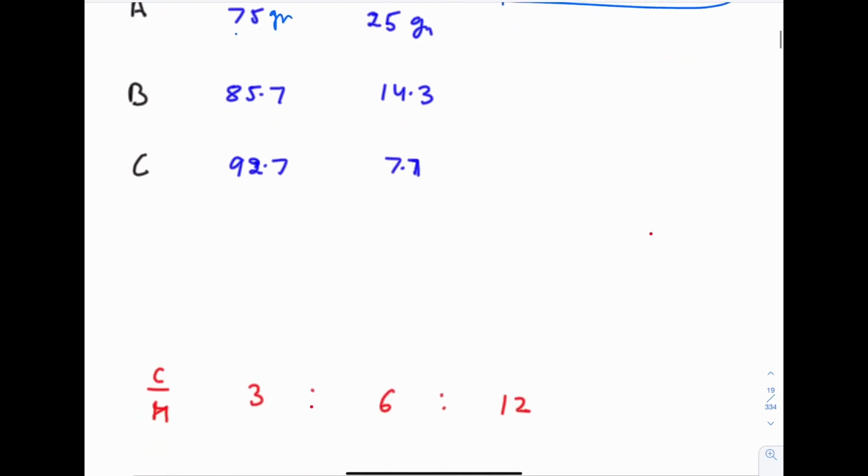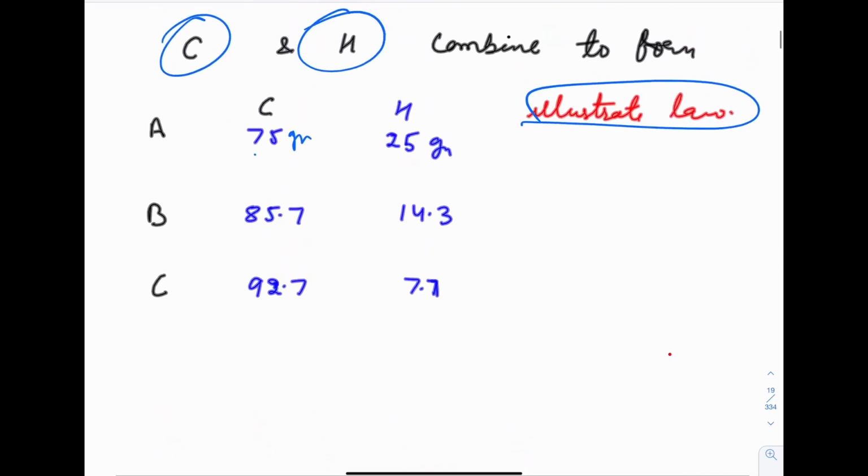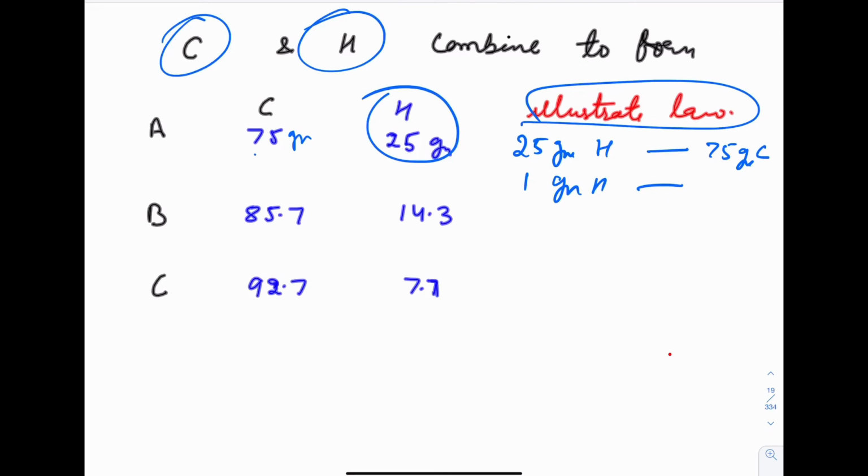Which law can be proved? You have to fix the mass of one element, like 25 gram hydrogen combined with 75 gram carbon, then 1 gram hydrogen combined with 75 by 25 gram of carbon, that is 3.